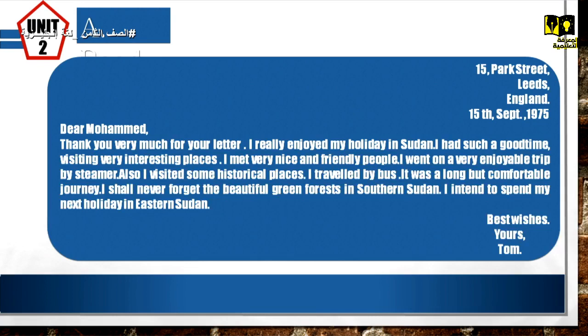You find the writer's address, which is the street, 15 Park Street, and then the city, we find Leeds, and then we find the country, the last step of the address. And beneath it immediately, we find the date. Where was this letter written? It was written on the 15th of September 1975. These are two components of a letter on the top right corner.